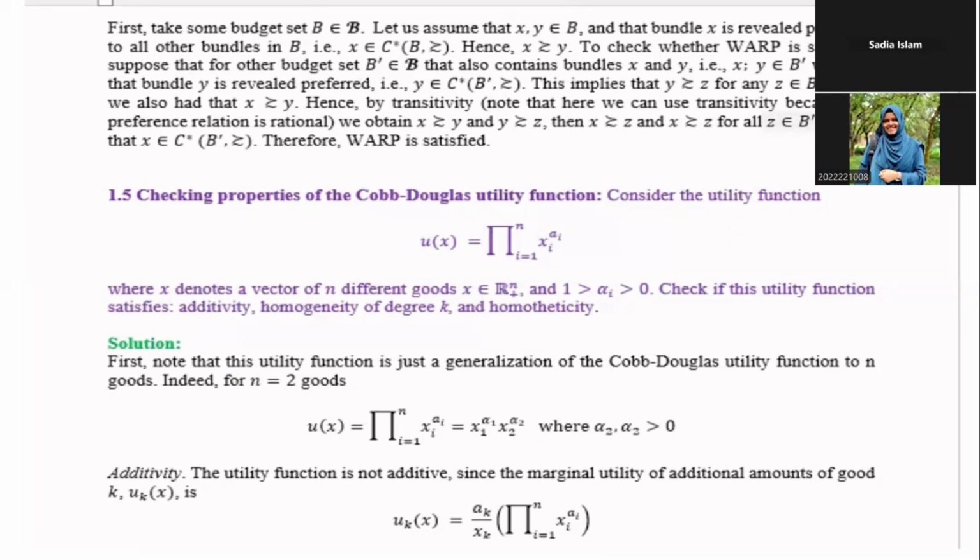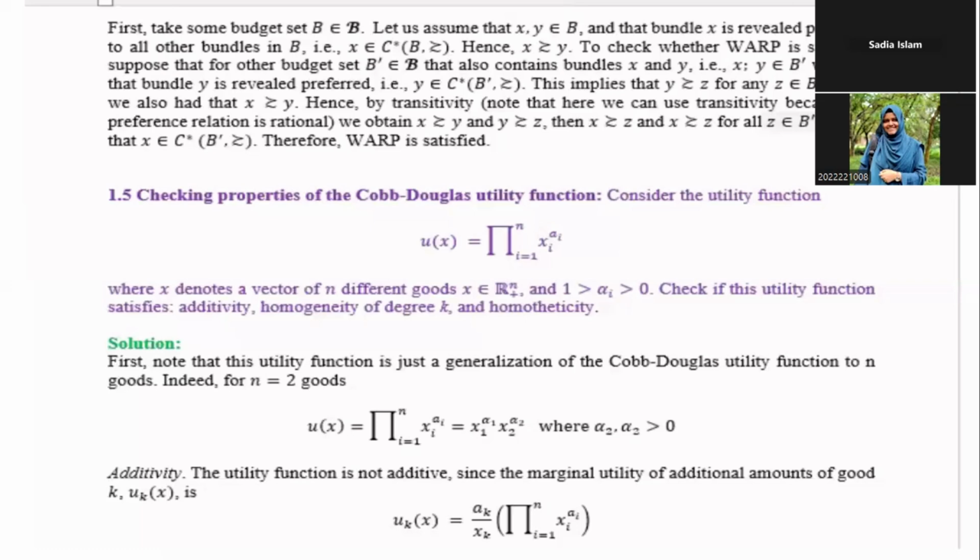This actually means that from the bundle B we choose, and there are two products, say X and Y. From here, we choose X, and that makes the optimal choice bundle C star. Hence, X is weakly preferred to Y.